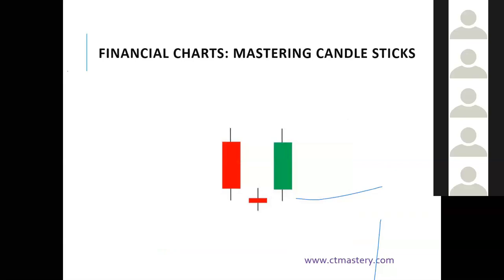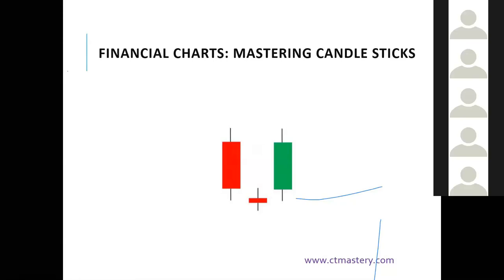So let's look at candlestick body size. There are three bodies: the red body, the green body, and a small body. This body is big, bigger than this small body. We're looking at the market psychology now. When you have a big red or green body, we can say there is more selling or buying pressure.